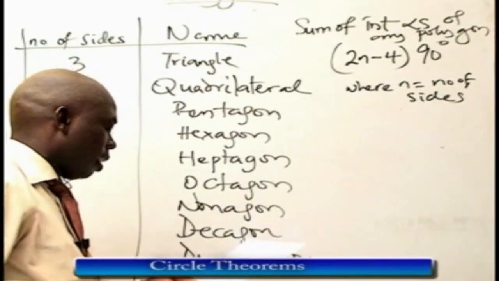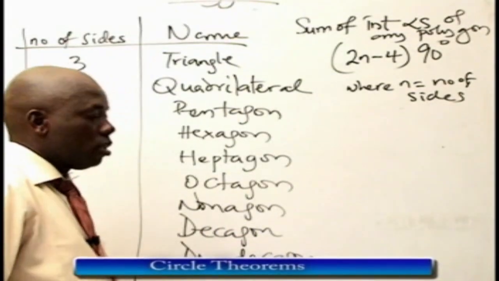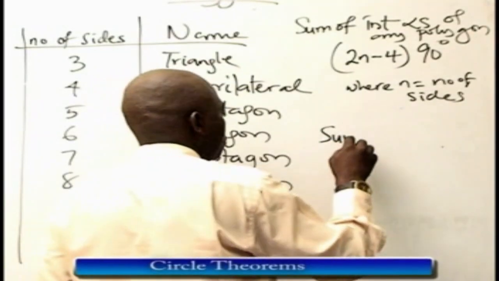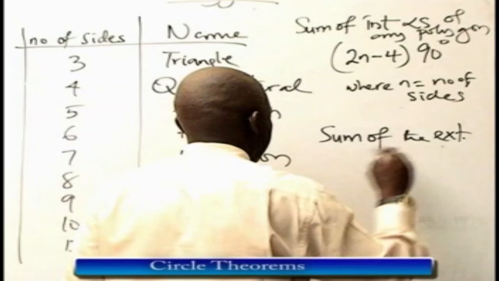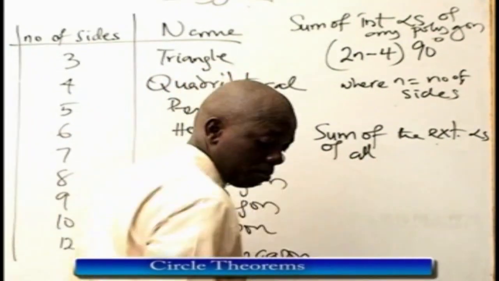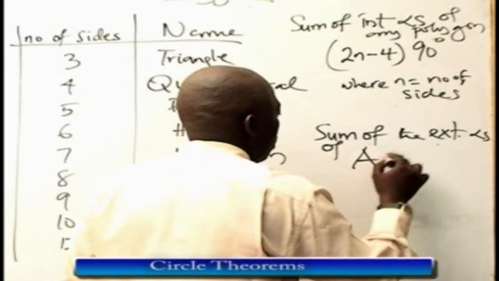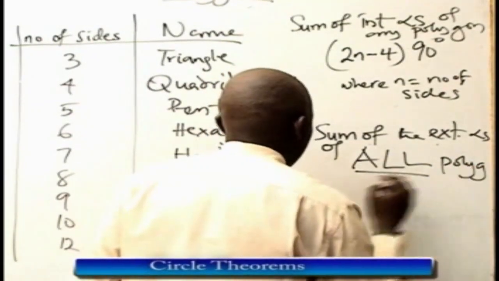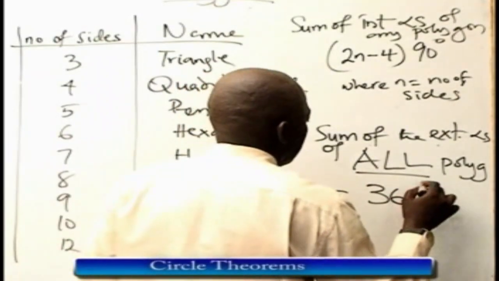Again, the exterior angles of a polygon. I need to say this: the sum of the exterior angles of all polygons, let me put it in capital letters so that you will know how important it is, equals 360 degrees.